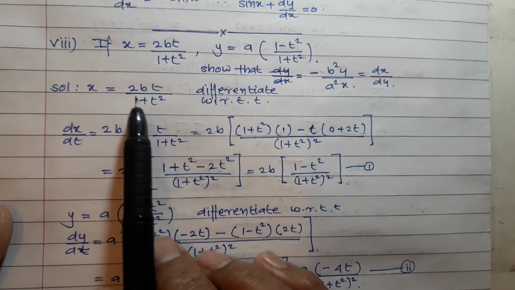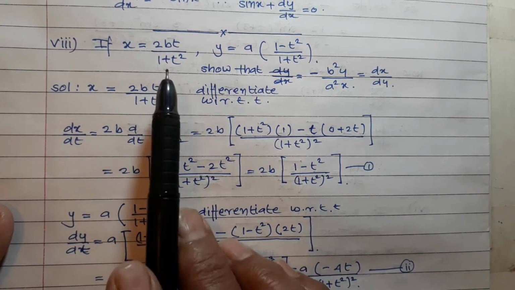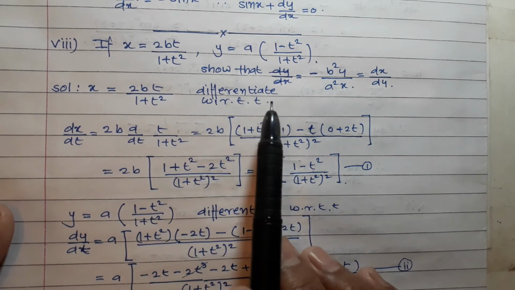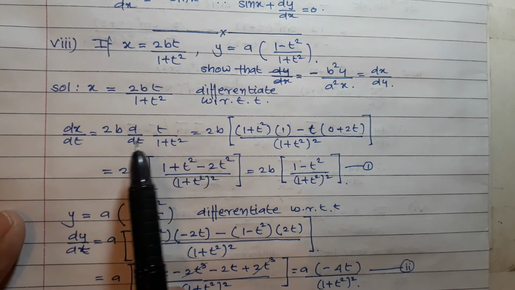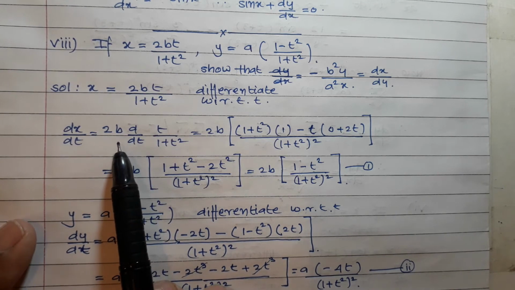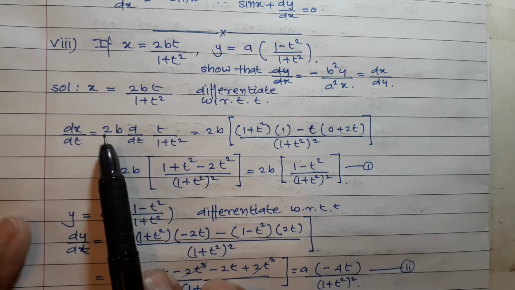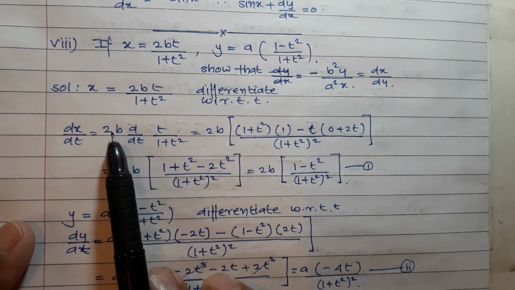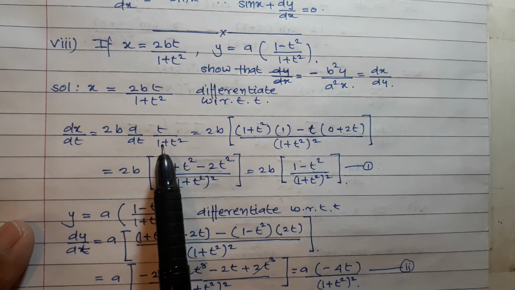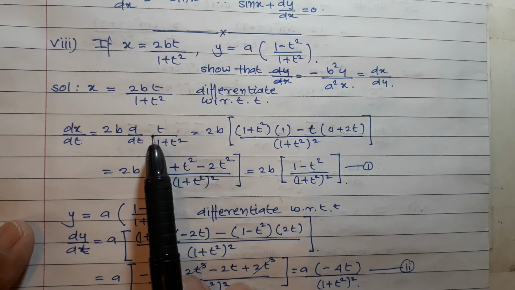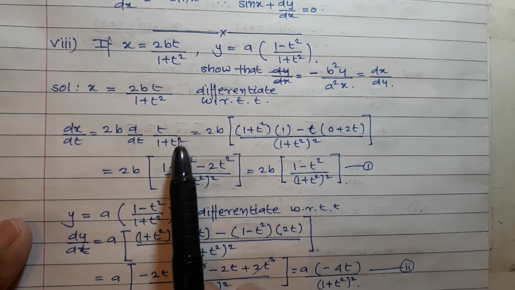Solution: x is equal to 2bt upon 1 plus t square, differentiate with respect to t. dx/dt is equal to 2b d/dt of t upon 1 plus t square. So here it is u upon v.